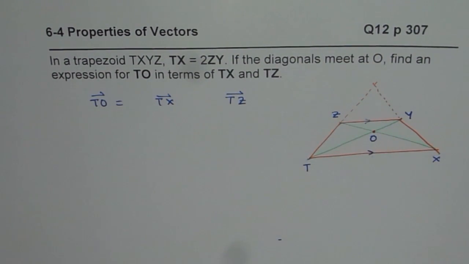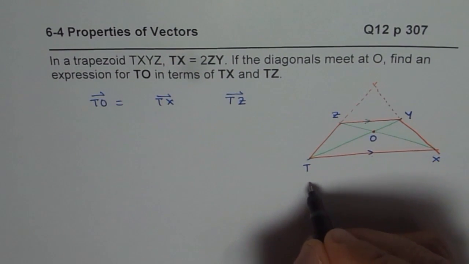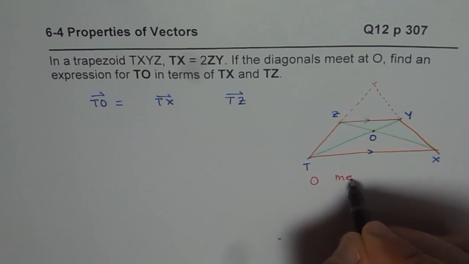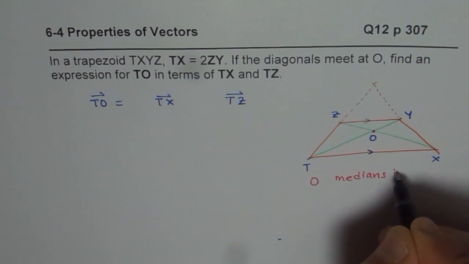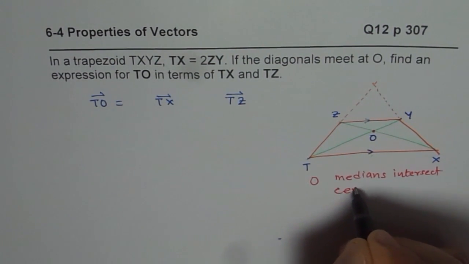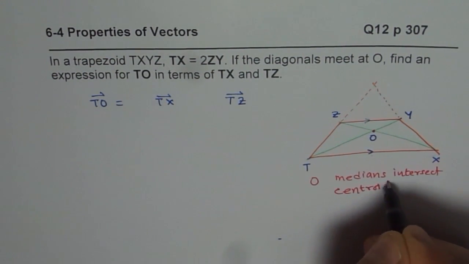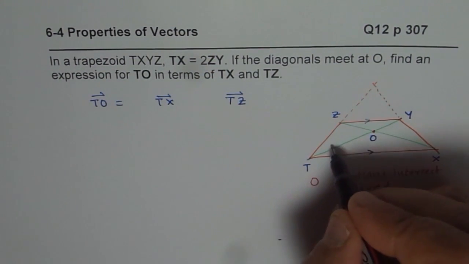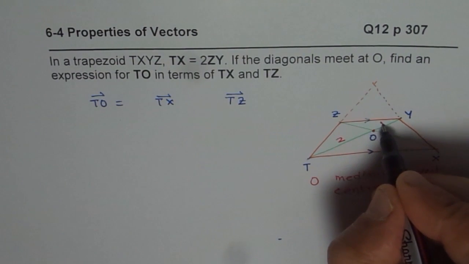Do you see that? So if you are doing that, then what is O? O is the point where the medians meet. O is where medians intersect. That is called the centroid. And as some of you know, for the centroid, the distance from the vertex is in the ratio of 2:1.